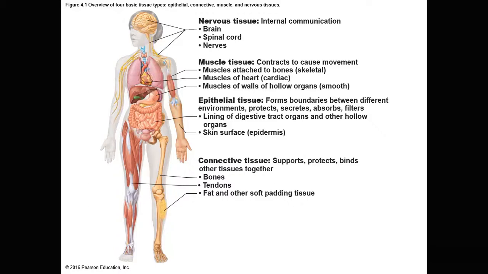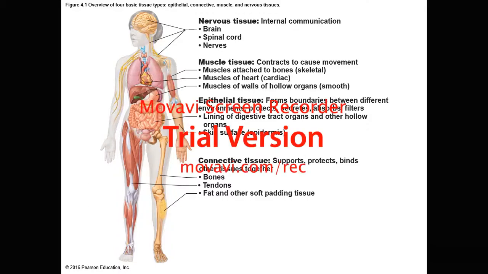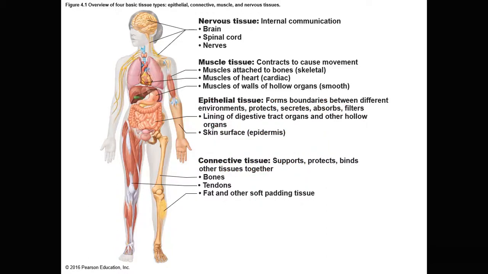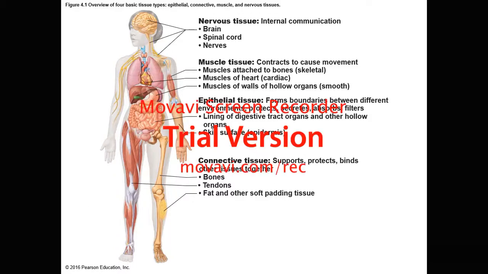It lines external surfaces and internal surfaces, and it also forms glands, which we'll talk about when we discuss epithelial tissue. Connective tissue supports, protects, and binds other tissues together. Examples are bones, tendons, and fat. Blood is also a connective tissue.